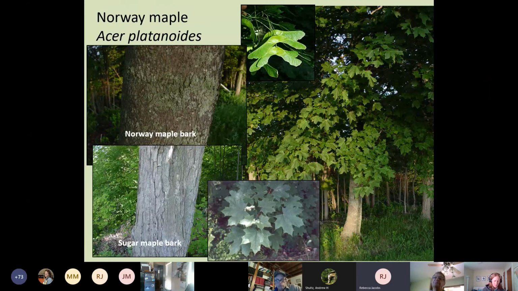Norway maples tend to be a little more brown in color. The samaras on a Norway maple, or the seedlings, are wider. They're almost linear, as you can see in the upper right-hand corner. And again, much wider. They are more U or V-shaped with our native maple species.